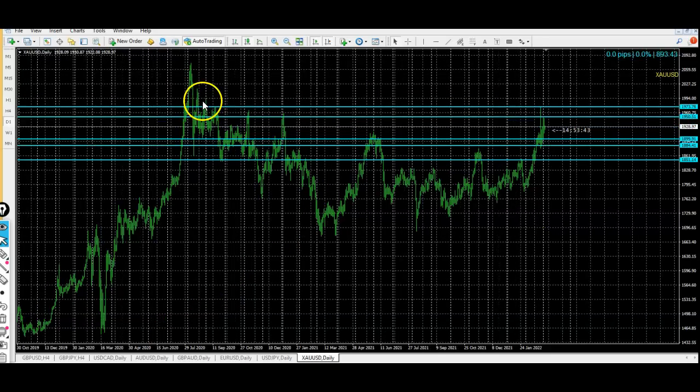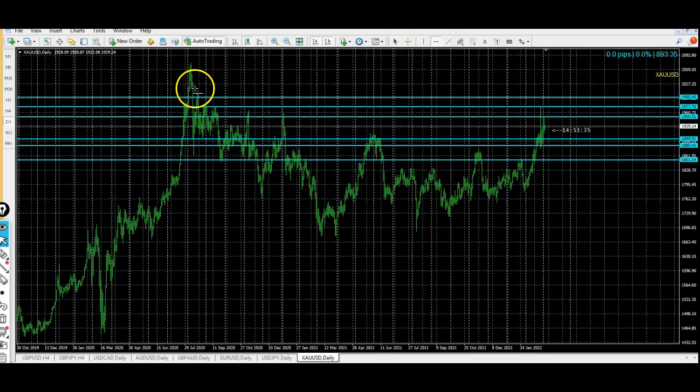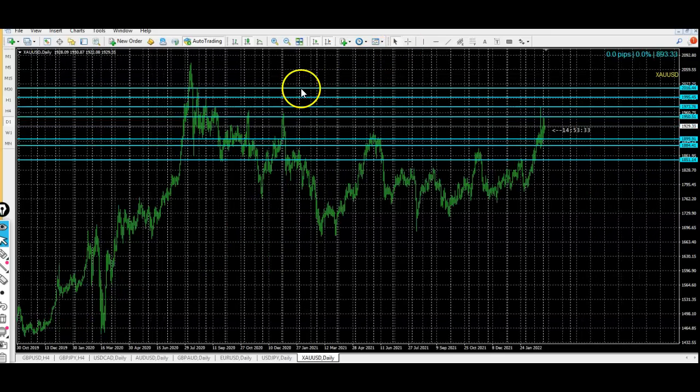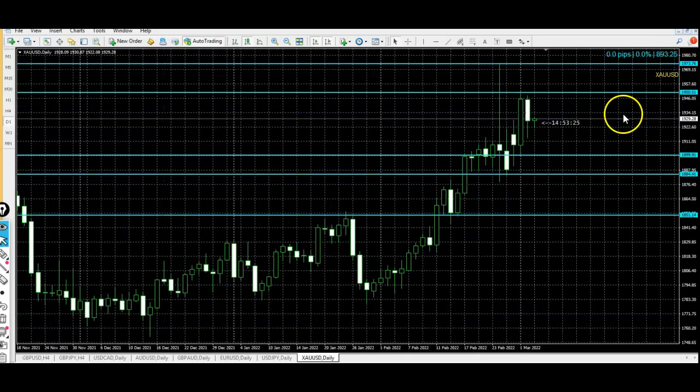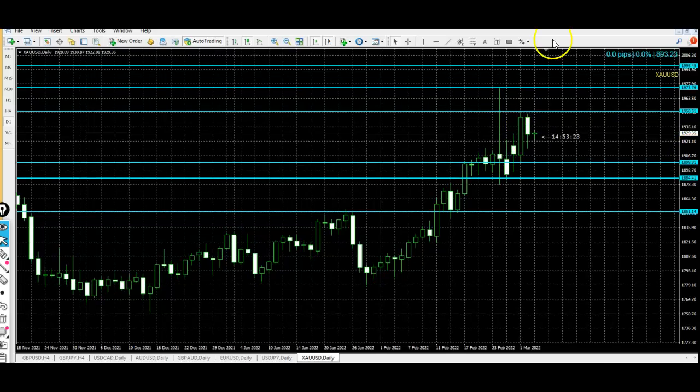Okay, so let's look at the top. Oh, that's nice. At the top here we have some other zones, and ultimately we're looking for this top here, the 2071 zone. That's what we're looking at ultimately. Price is in a nice trend upwards. So the likely thing to do is look for pullbacks.